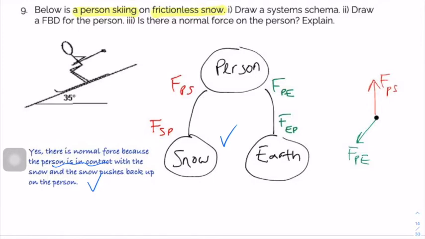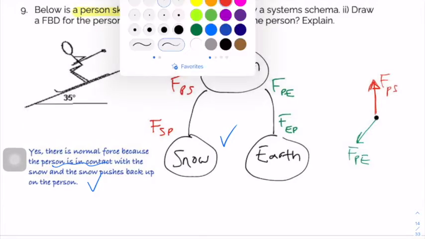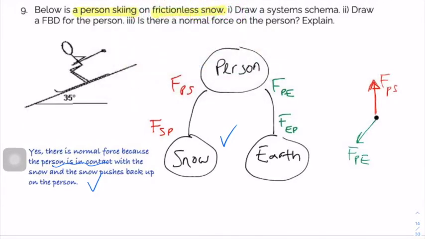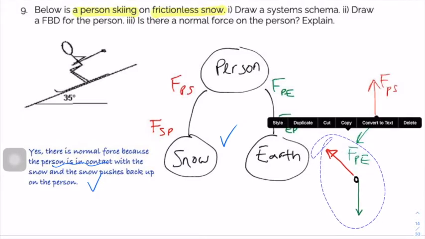So I'm going to redraw on top of it. So you'll see what I'm doing in a minute. Okay, I'm going to take this. Gravity always has to go straight down.